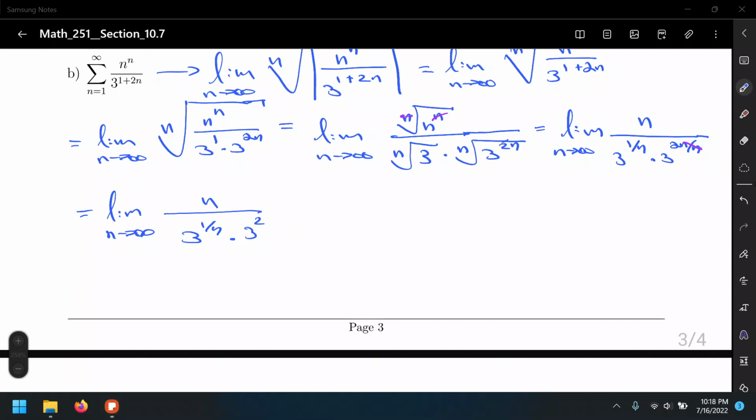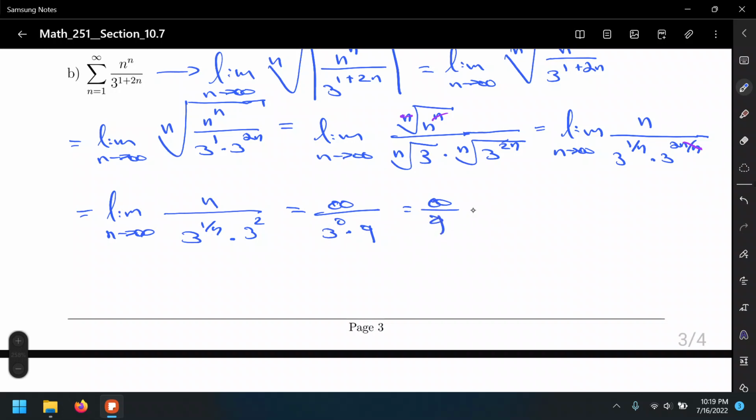Now let's go about this limit. Number 1, we may go about it already, because in the numerator we're going to be left with infinity over 3 to the 1 over n. 1 over infinity, isn't that a 0? 3 to the 0 times 3 squared, which is actually 9, so it will be infinity over 9 times 3 to the 0, which is 1.